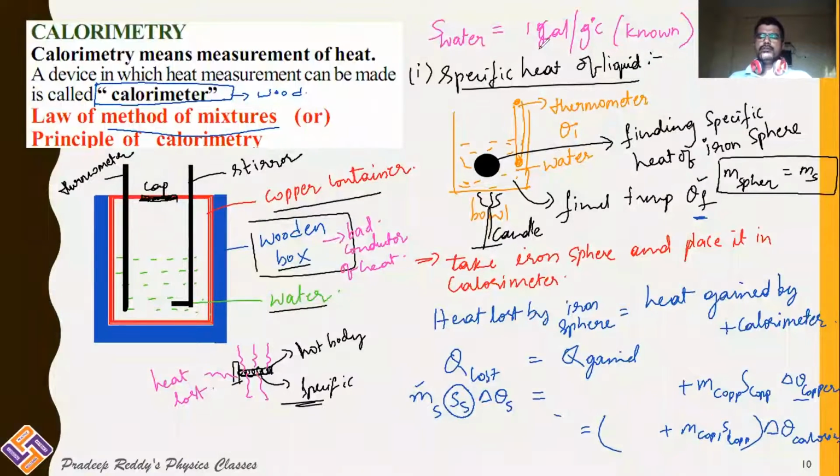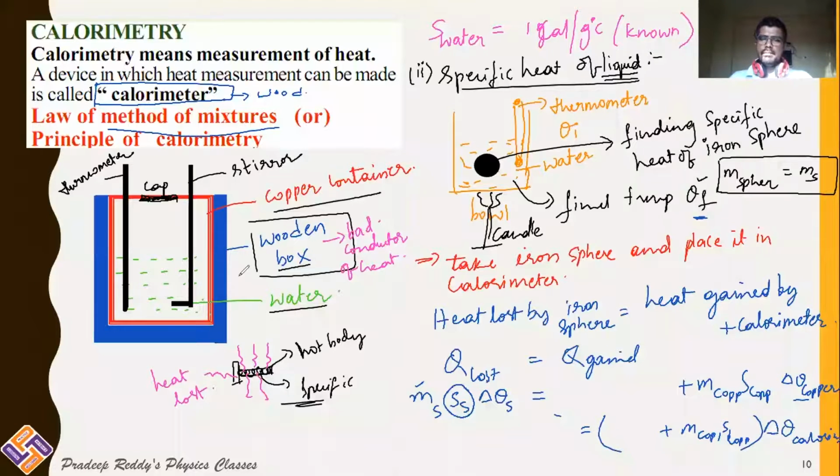Students, using the same method, the principle of method of mixtures, just now how we have calculated specific heat of the solid, in the same way we can find out specific heat of a liquid also, that is number 2. We are now finding specific heat of the liquid, but only one small change: the liquid whose specific heat is to be measured, you will be taking that in the calorimeter.